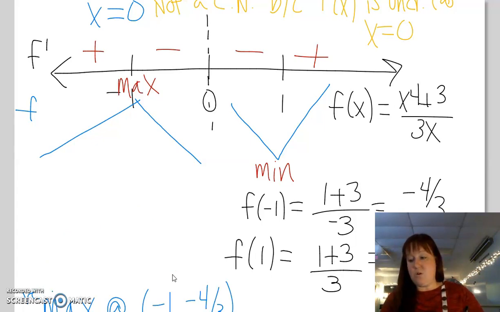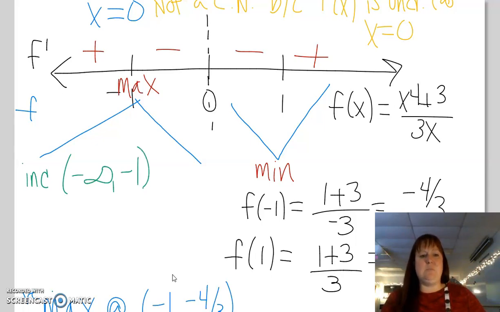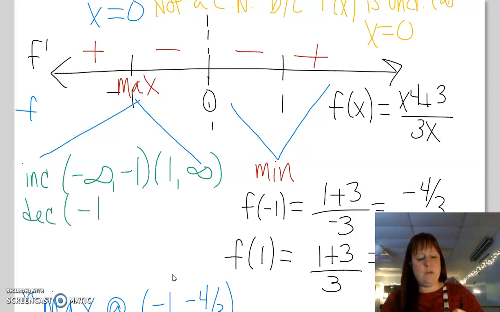Okay, so it's increasing from negative infinity to negative 1. And we're going to have open brackets on these because it can't be increasing at a point because it's actually stopped at that point. So it's increasing from negative infinity to negative 1, and then again from 1 to infinity. Then it's decreasing from negative 1 to 1.